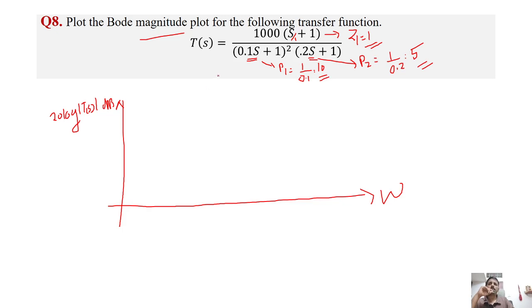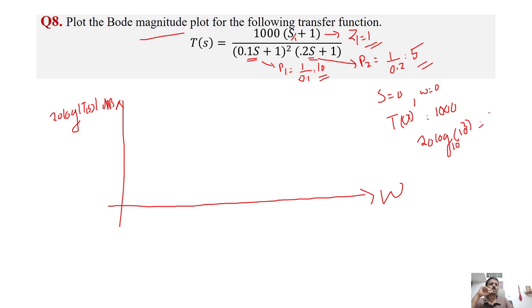Okay, and what is the initial value? The initial value is when s equal to 0, or omega equal to 0. When omega equal to 0, T of 0, the value is 1000. So what is 20 log of 1000, or 10 power 3, base 10?